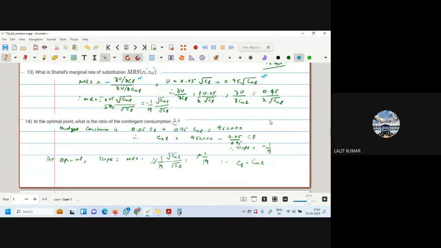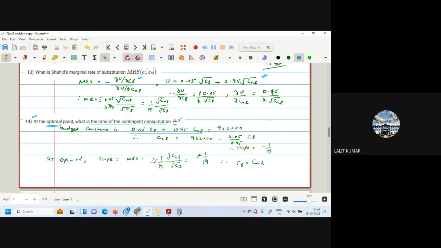Now, at the optimal point, what is the ratio of the contingent consumption CL by CNL? At the optimal point, your MRS which you have calculated, and this is your expected budget constraint: 0.05 CL plus 0.95 CNL comes to 9,52,000.